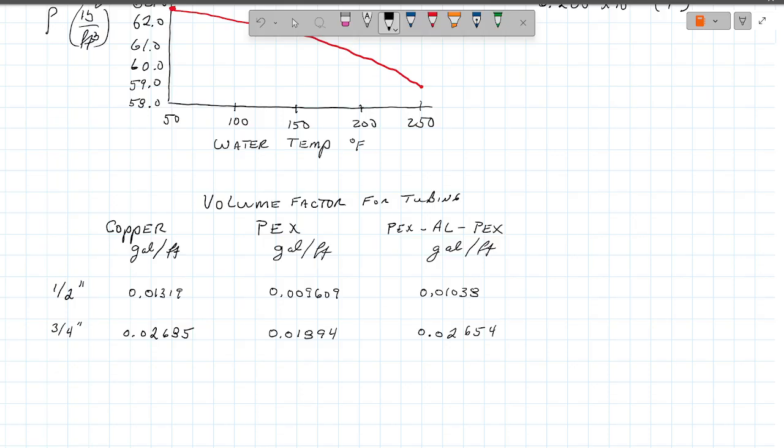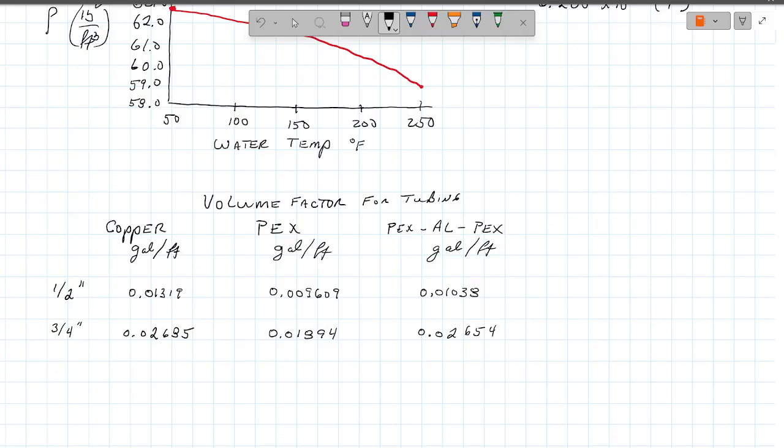So normal PEX is polyethylene extruded molecules, and then the aluminum PEX is poly... what did I just call it? Poly E is a polymer chain here, and then has an aluminum core with another polymer chain on the inside.